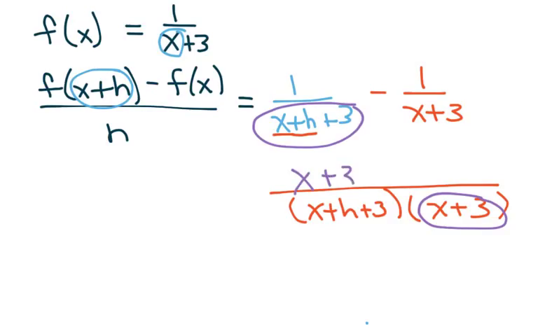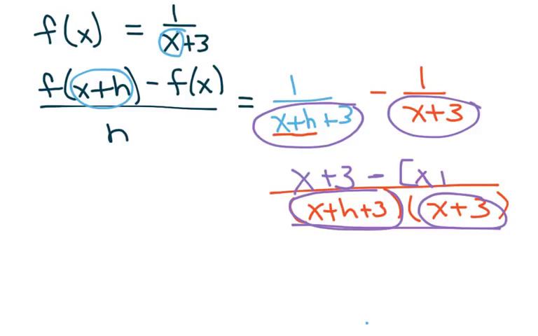Basically, it's not cross multiplying because there's not an equal sign here. But in this case, since our common denominator is pretty basic, we can kind of do that. Minus, and we're just going to, what times this denominator gives us this denominator, or what's missing, and it's this piece. So we're going to just subtract this times 1 is x plus h plus 3.